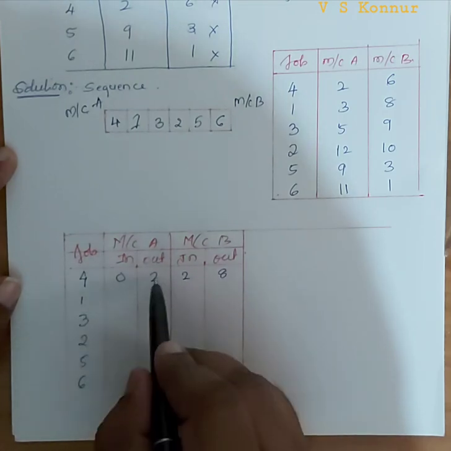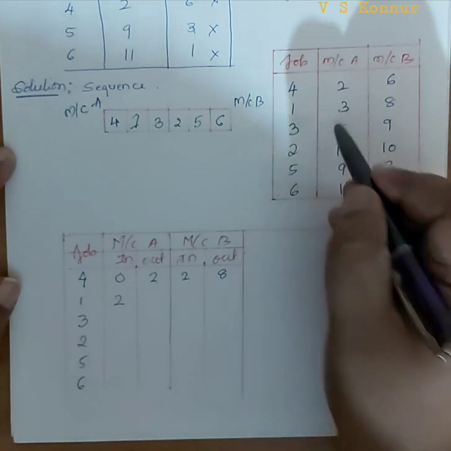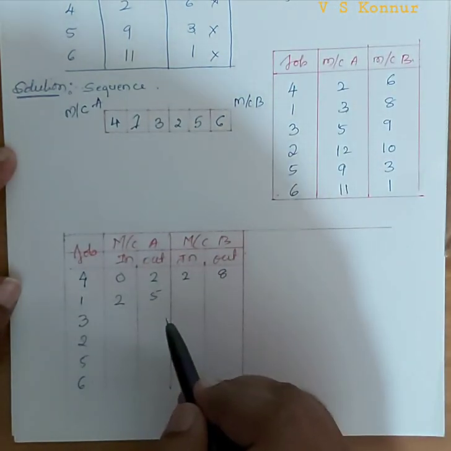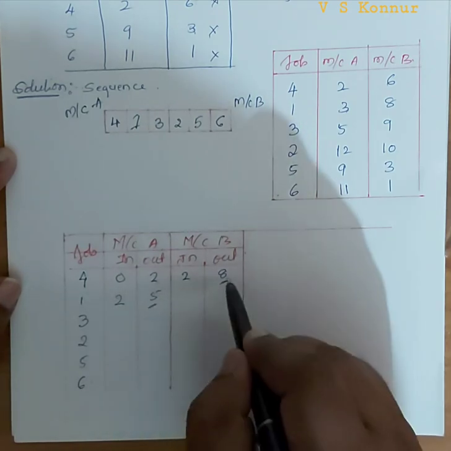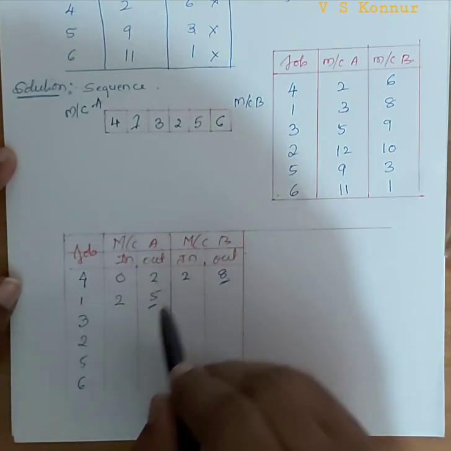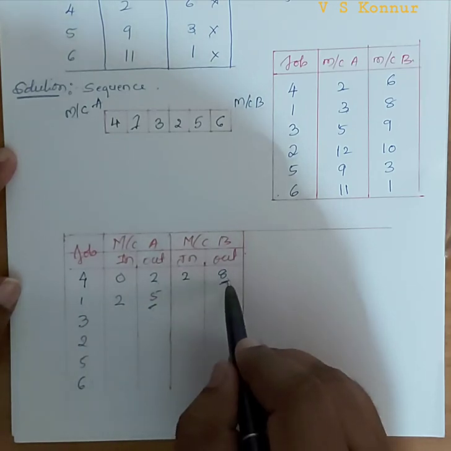Then the first job enters machine A after 2 hours, requires 3 hours to complete. 2 plus 3, 5. At machine B, 5 and 8 will be compared. The maximum time will be taken because after completion on machine A, it will not enter machine B directly, it waits till machine B's work is completed.